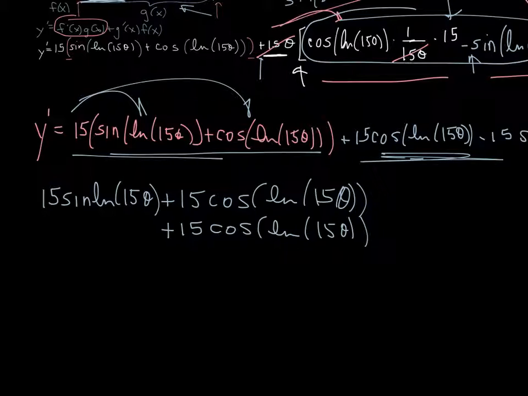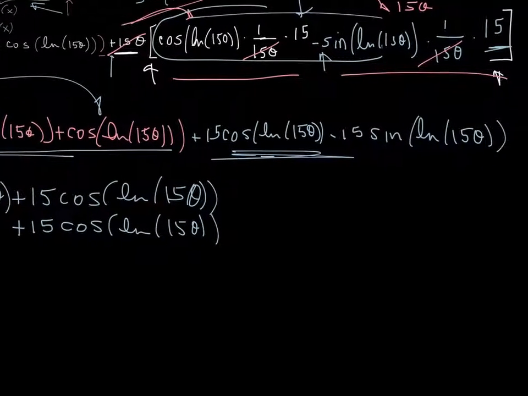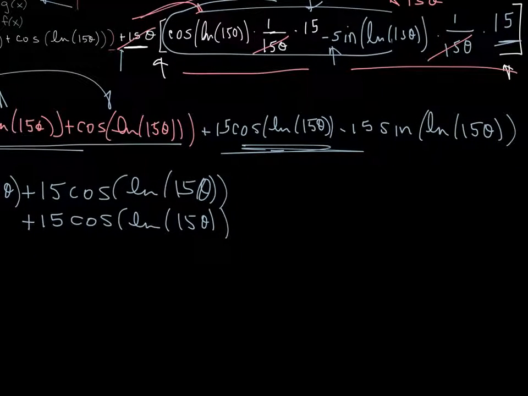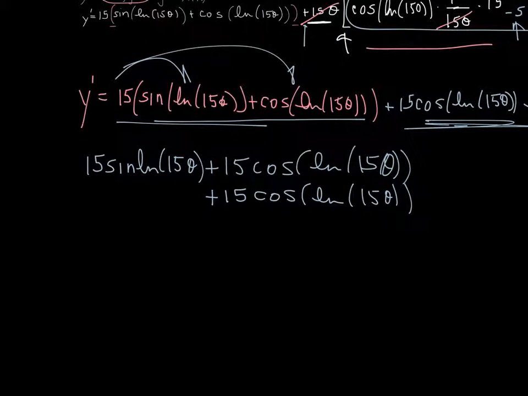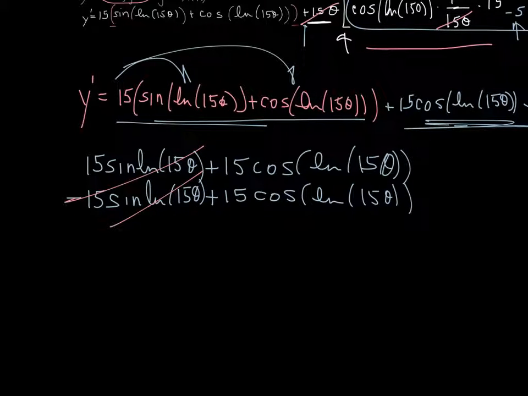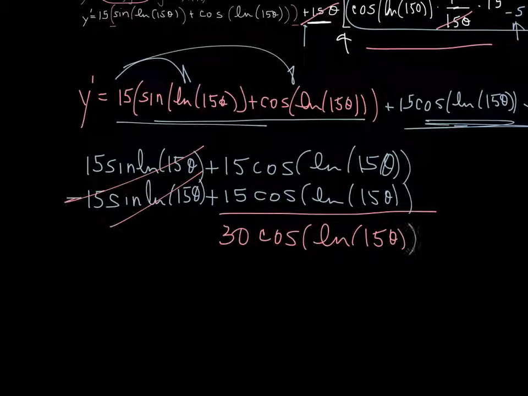So that's that piece. And then over here I have a minus 15 sine ln of 15 theta. Well, guess what? That's just the opposite of this piece, and so that's going to cancel. And thus my answer is found by adding these to get 30 cosine ln of 15 theta.